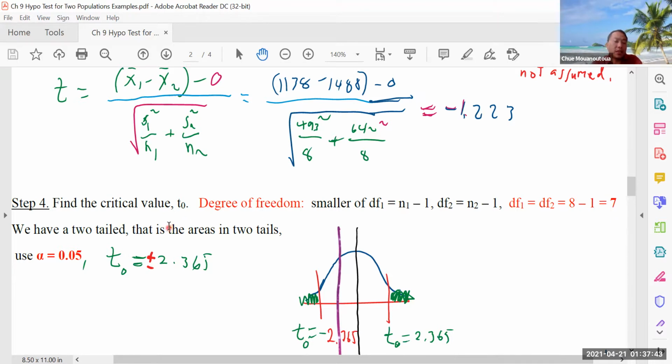If you look at the formula sheet, it says degrees of freedom is the smaller of these two, df1 and df2. Well, in this case, since they're both the same number, we can just use 7.